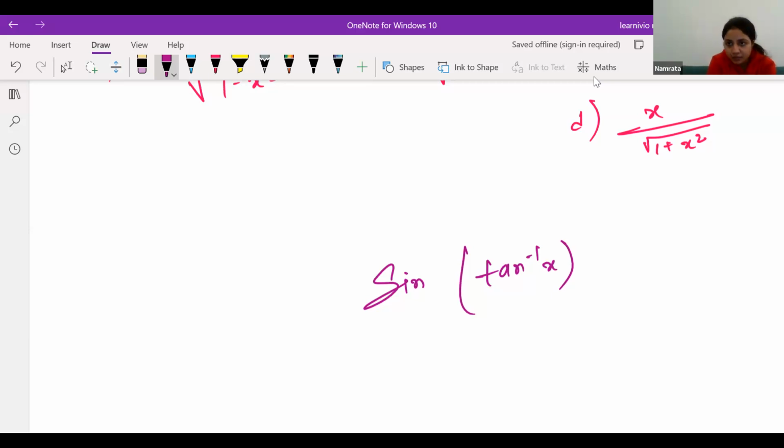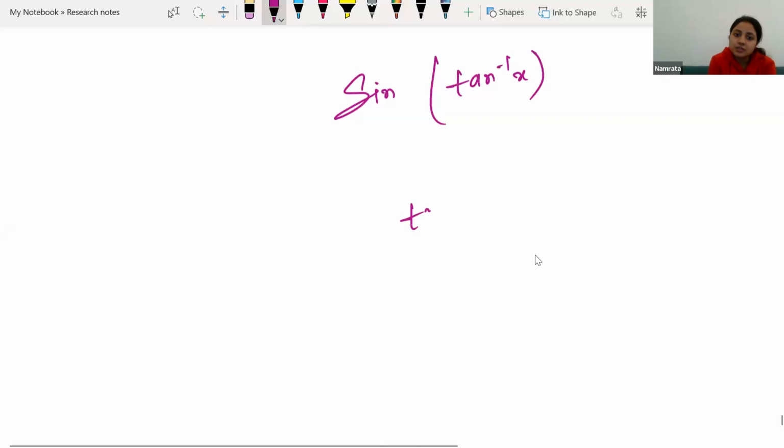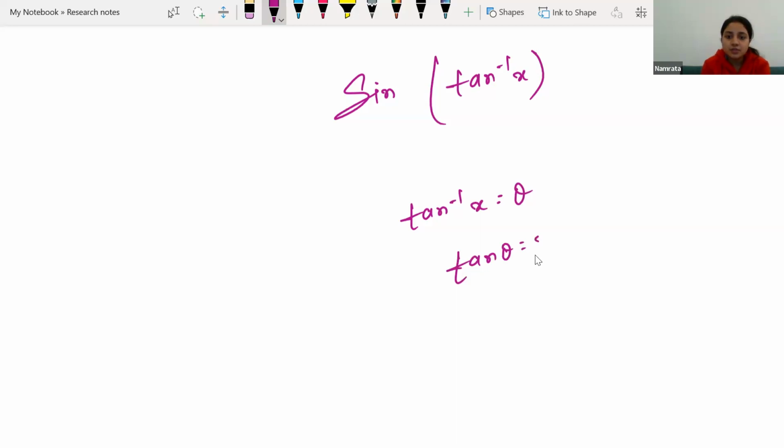Can we take this tan inverse x as theta? That means tan theta is equal to x.